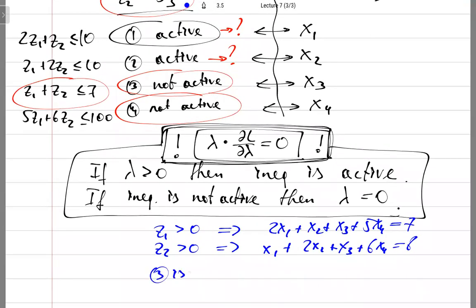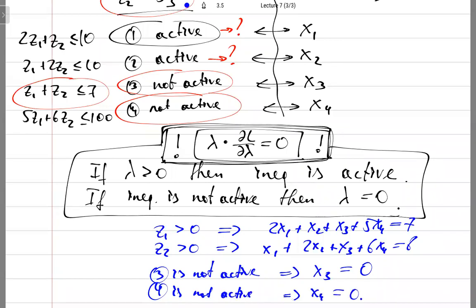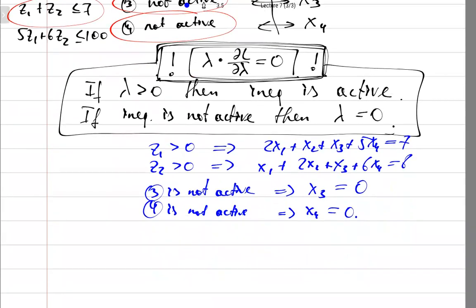Number 3 is not active, so I conclude that x3 is 0. Number 4 is not active, so x4 is 0. Bingo. I have almost solved the original problem.